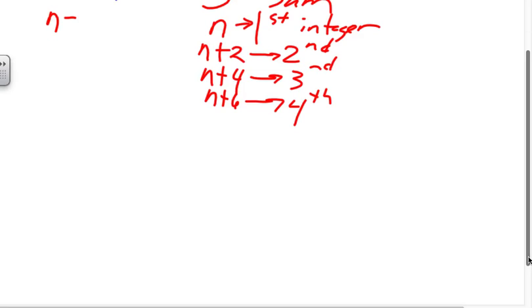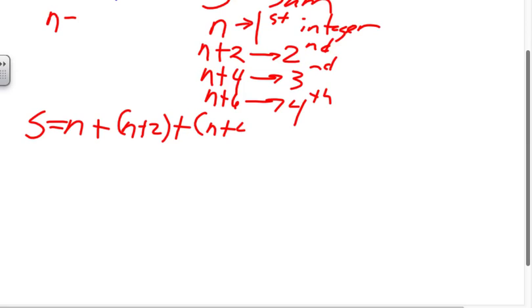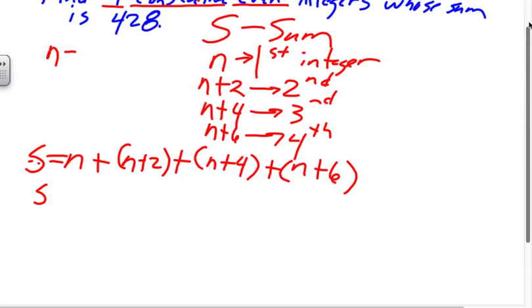Okay. So now we come back in. Sum is going to equal n, my first one, plus the second one, n plus 2, plus the third one, n plus 4, plus the fourth one, which is n plus 6. And not only that, I actually know what the value of this sum is.